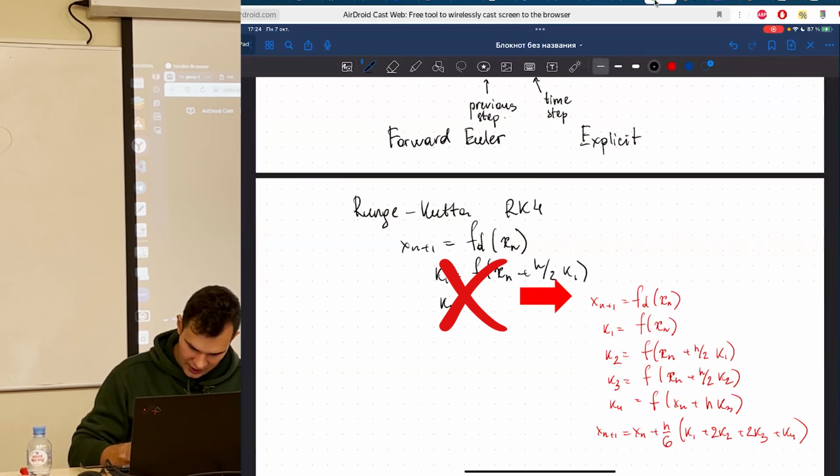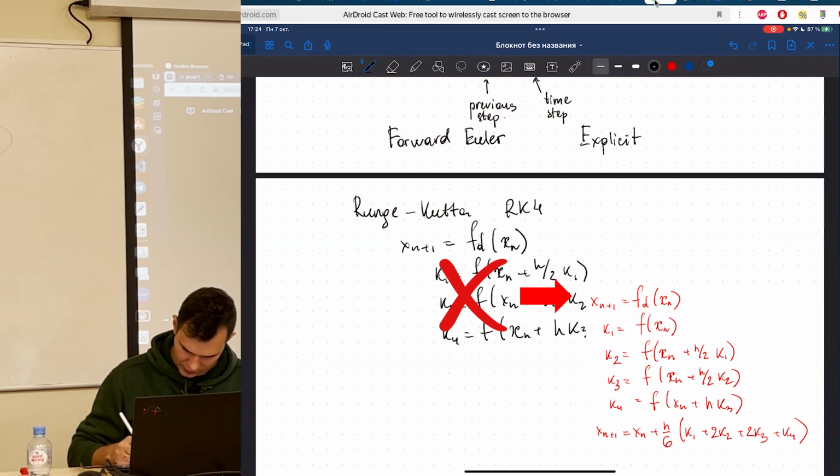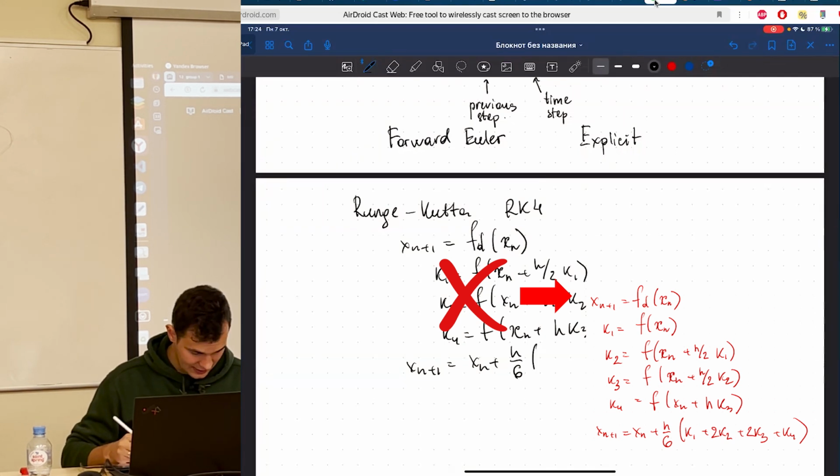Then we need to compute k2, f xn plus another half, k2, and k4, f xn plus h, k3. And finally, xn plus 1 equals xn plus h over 6 times k1 plus 2k2 plus 2k3 plus k4.